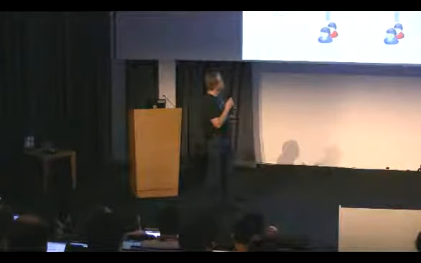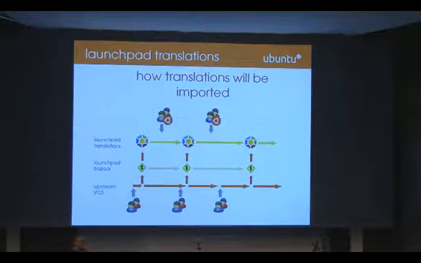Okay, we saw something similar just now. So this is how it will be done in the future. We have started importing, I think most of main packages are already imported as Bazaar branches in Launchpad. So they are available as separate projects, and instead of relying on the package imports, we will be drawing directly from those Bazaar branches, which are basically tracking the upstream VCS.